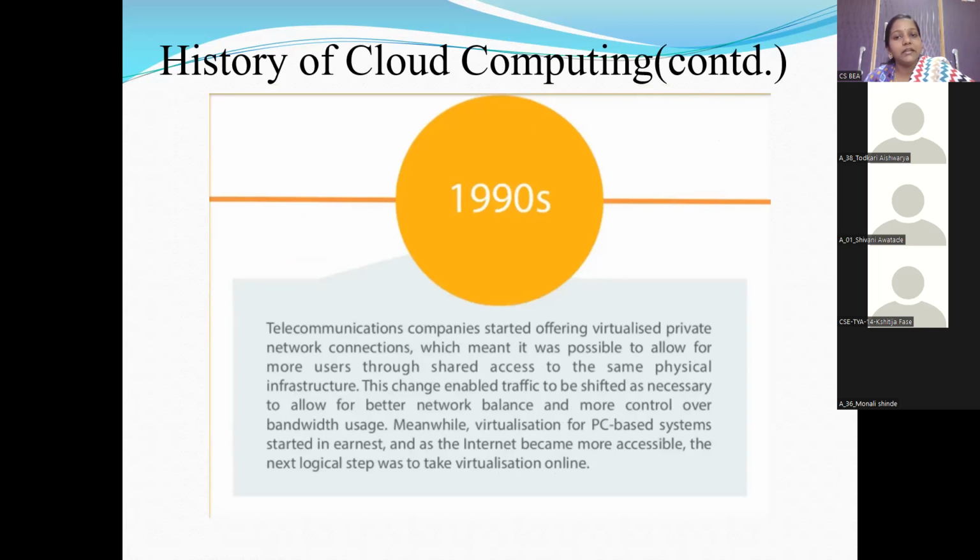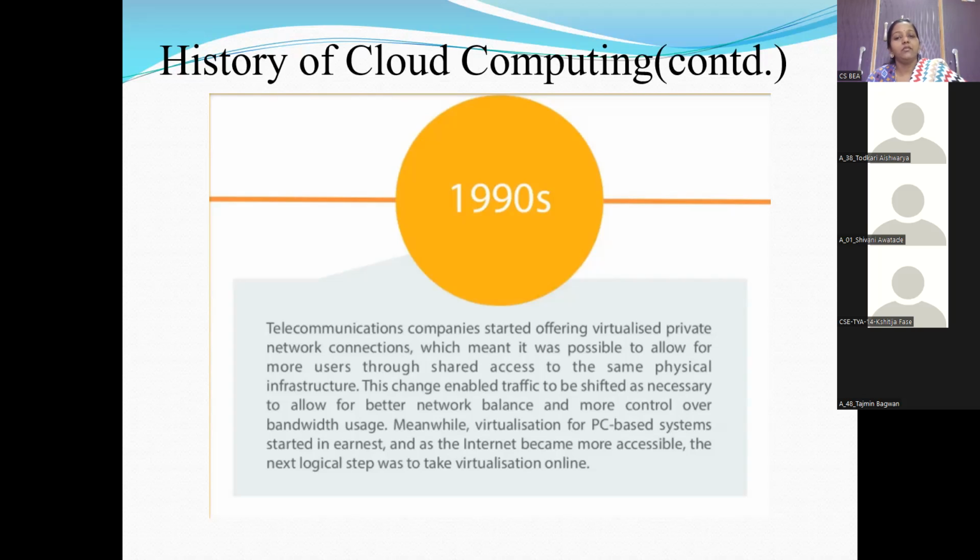Then in the 1990s, the telecommunication companies started offering virtualized private network connections, which meant it was possible to allow for more users through shared access to the same physical infrastructure. This change enabled traffic to be shifted as necessary to allow for better network balance and more control over the bandwidth usage.